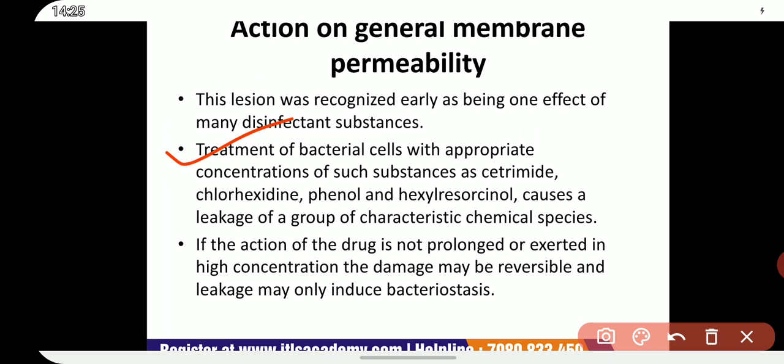Treatment of bacterial cells with appropriate concentrations of such substances as cetrimide, chlorhexidine, phenol and hexylresorcinol causes a leakage of a group of characteristic chemical species.